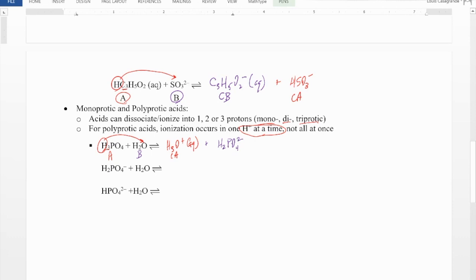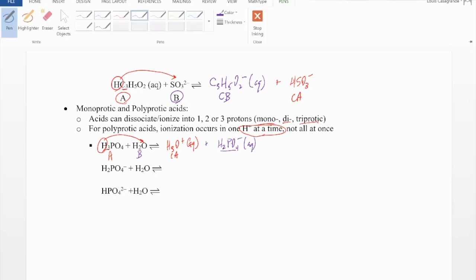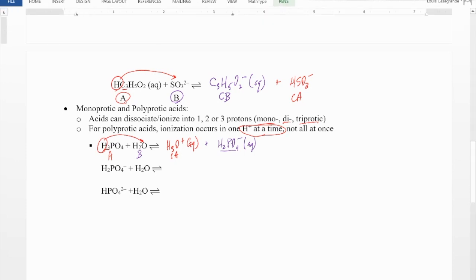We lost a proton, I'm sorry, single minus. We lost a proton and the charge went down 1. And so now we have the H2PO4 minus. Now notice that in the next reaction, we're going to take that H2PO4 minus. It still has 2 protons on it, so it can come down here as a reactant.